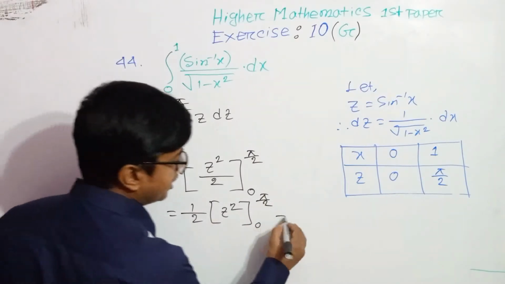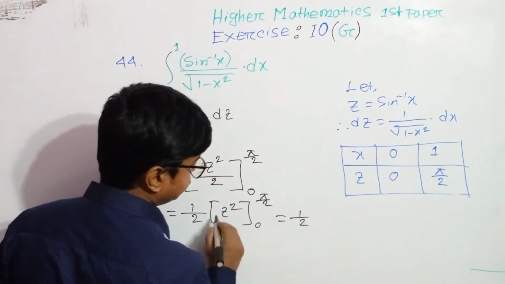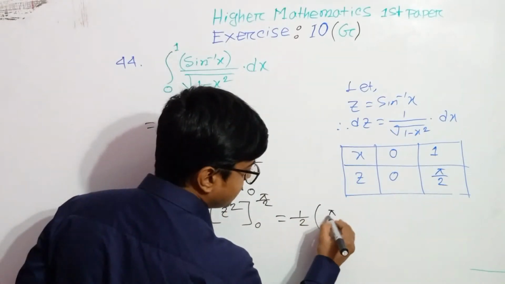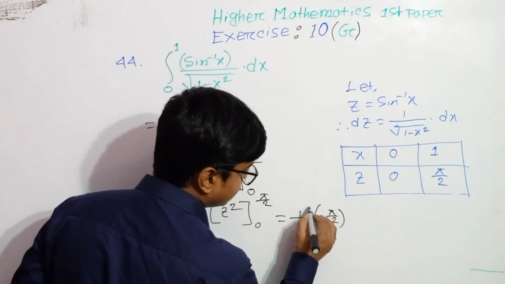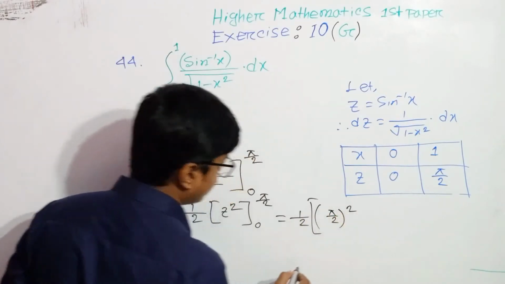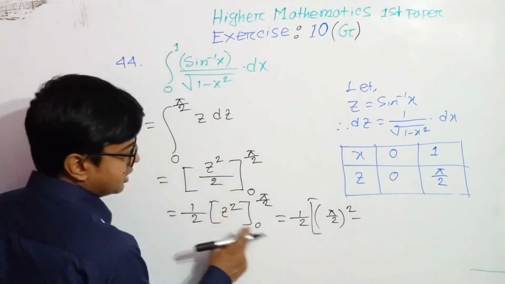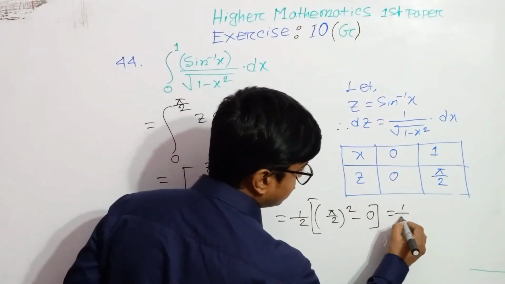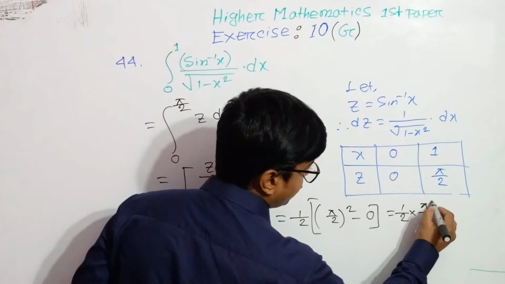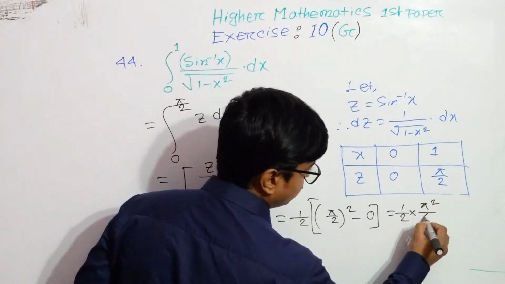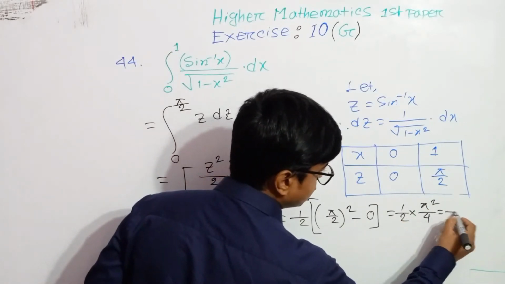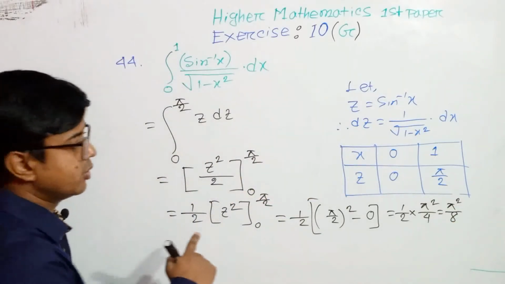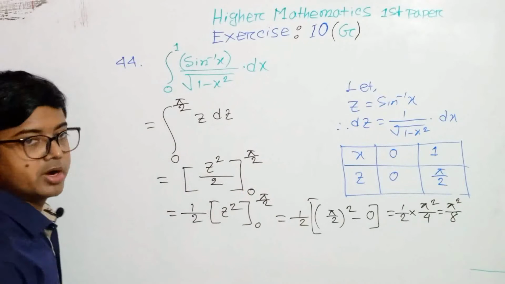Okay, now 1 by 2 here z square, so we can write pi by 2 whole square minus 0 square means 0. So our answer is 1 by 2 into pi square by 4. So it will be pi square by 8, and which is the required answer of question number 44.